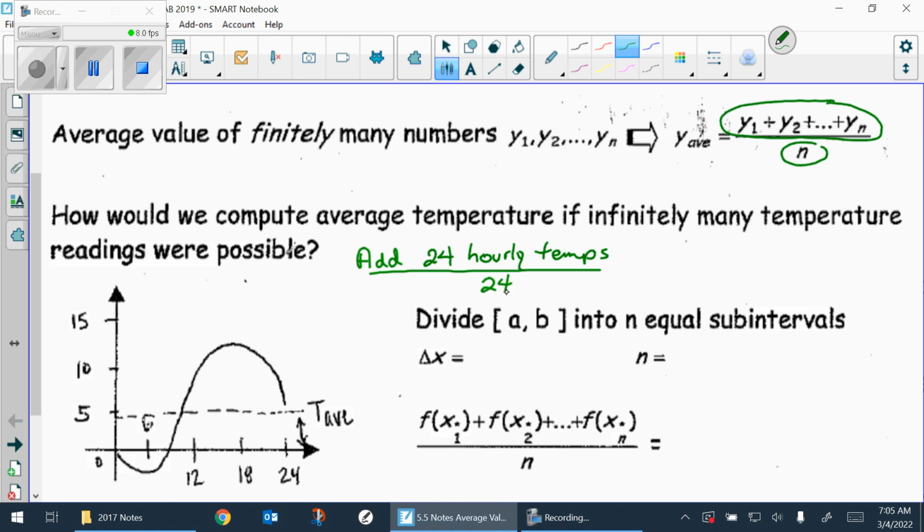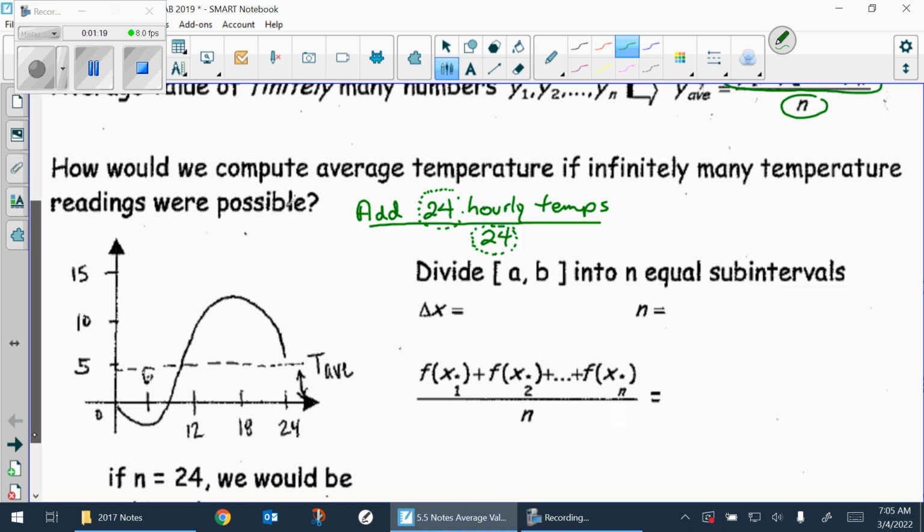And if I wanted to be more accurate, I'd add every 15 minutes or something manageable, divide by a larger number of readings, and improve my accuracy.